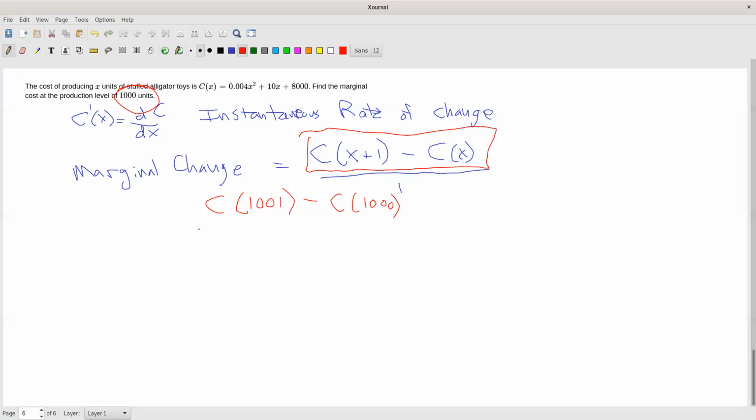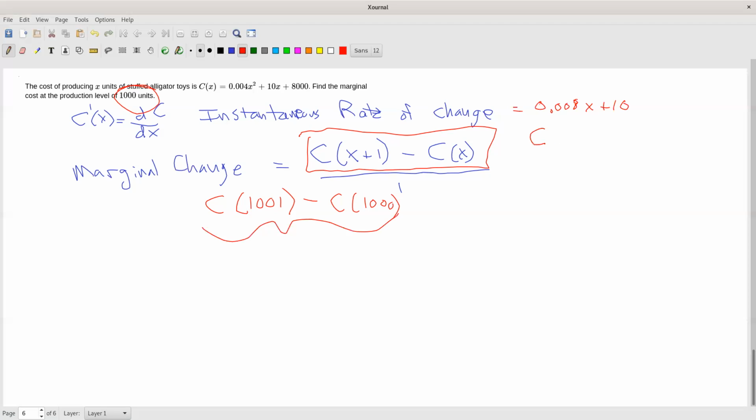We're going to compare that result to the instantaneous rate of change. My C prime here: the derivative of x squared is 2x, times 4 thousandths would be 8 thousandths. So 0.008x plus the derivative of 10x, which is 10, the derivative of 8,000 is 0. So that right there is my instantaneous rate of change.